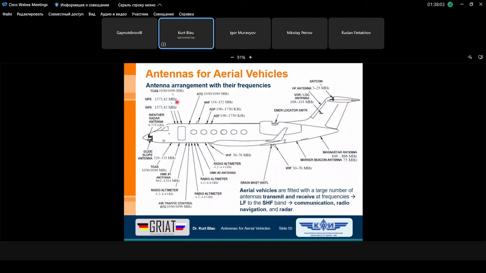This is very interesting, and it shows that we have a high variety of frequencies. For instance, also for ground localized direction finding, we have frequency ranges from 190 to 1750 kilohertz. That means we have wavelengths from about kilometers down to 300 or 150 meters.